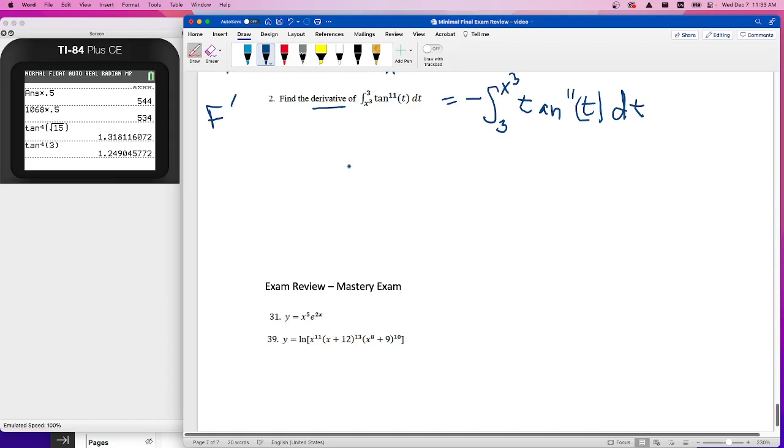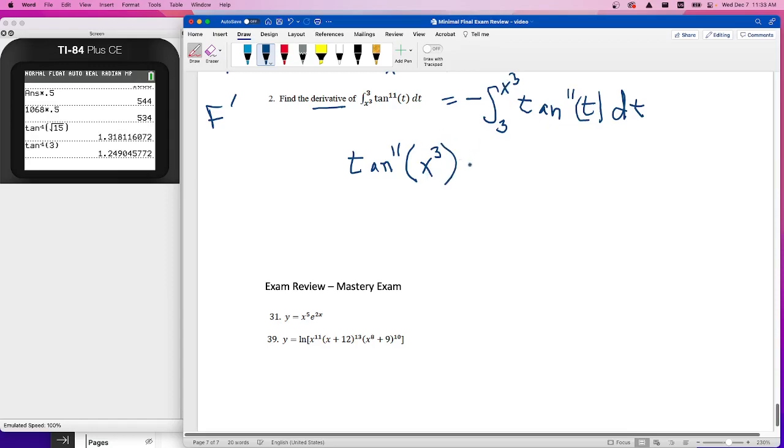So it's really just going to be tan 11. But what we're going to do is plug in this upper limit, right? That's the upper limit. If this was just x, we would have x here and we're done.